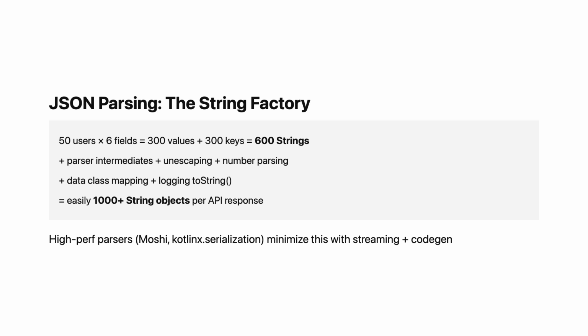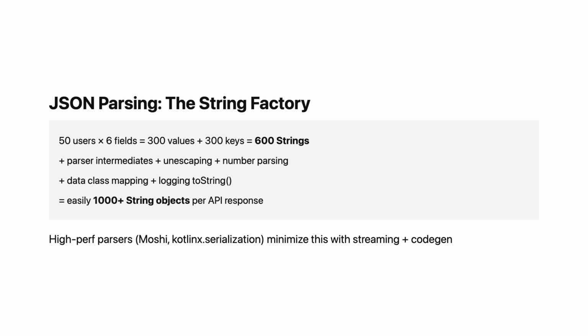Let us quantify the string problem with a real example. Say your app fetches a JSON array of 50 user objects. Each user has 6 string fields: name, email, avatar URL, role, city, bio. The JSON parser reads each field and creates a string object for each key and each value.